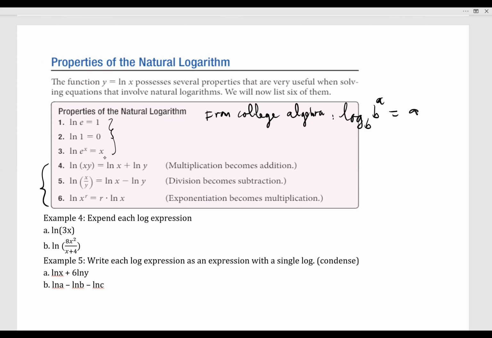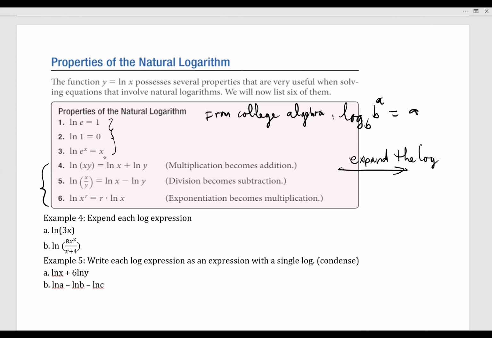Now these three properties are very important. Why? They help you to expand the log from the left to the right.